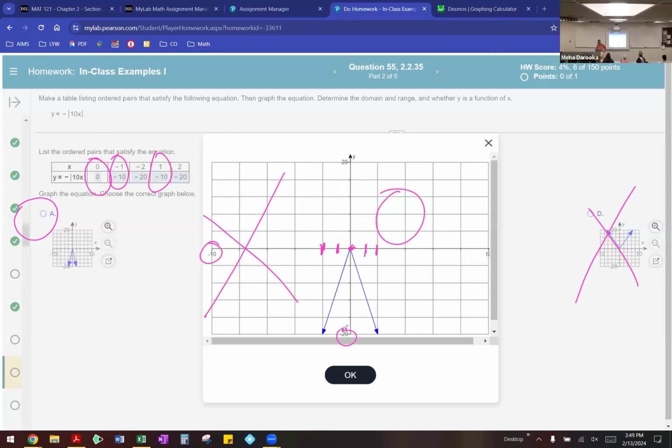You can see this is ending at negative 20. So this definitely tells me negative 2 and negative 20 is here. This one here would be positive 2 and negative 20. If you wanted to do the 10s, that's going to be here. So actually the 2s might be a better number to use instead of 4s. So yeah, it's going to be option A.